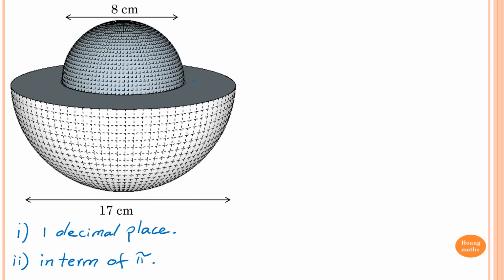Part 2. Find the surface area in terms of pi, or exact. So first of all, we need to find the surface area of this half of a sphere first. So let's name this A1 again. So A1 is the surface area of a sphere, 4 pi r squared, which is times by half because it is half of it.